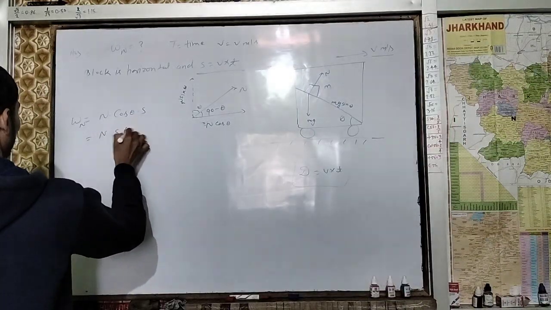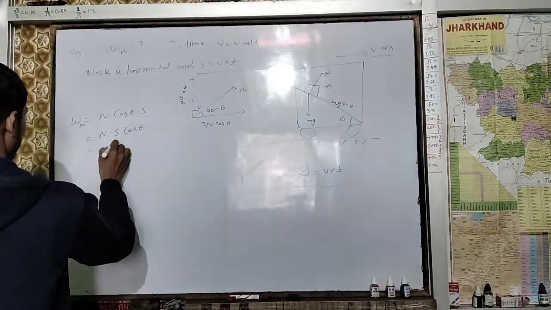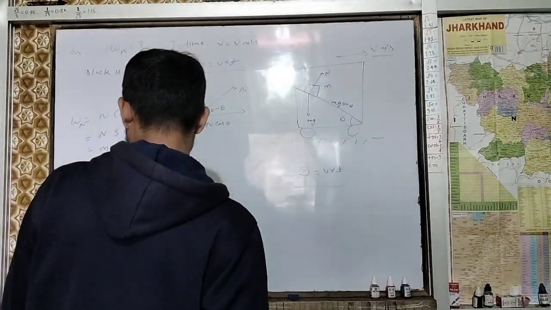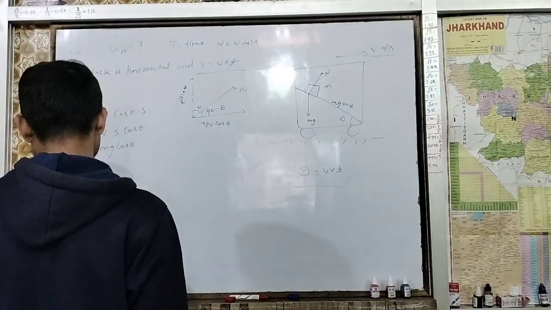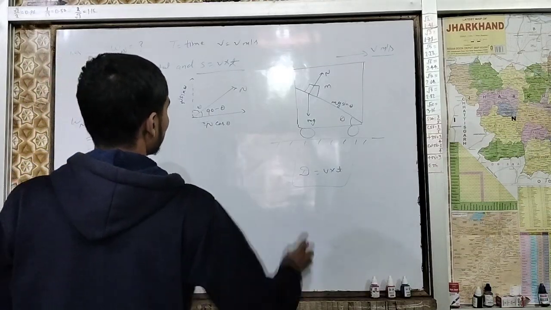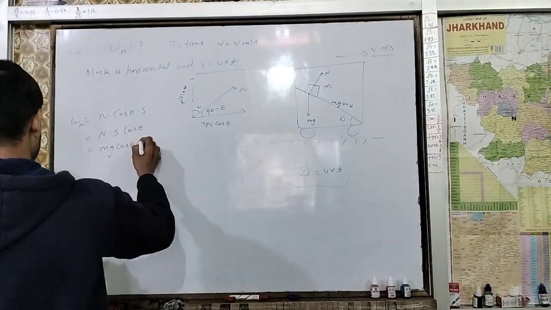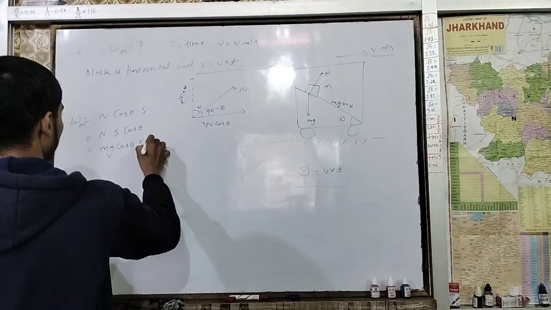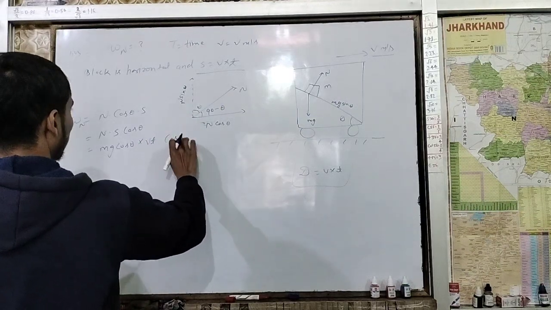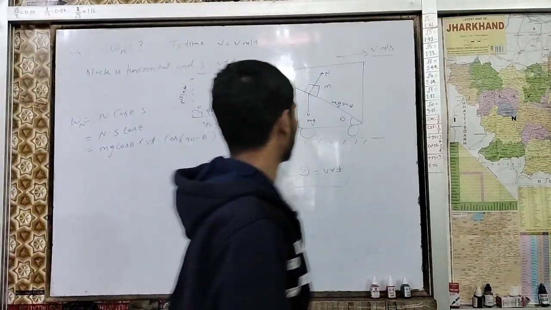N is mg cos theta. Then multiply by vt, this is our displacement. Then cos of the angle, which is 90 minus theta.